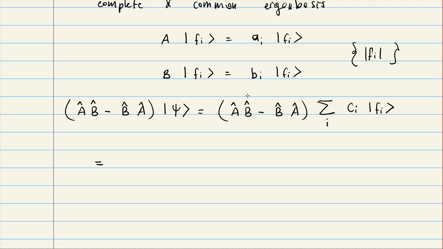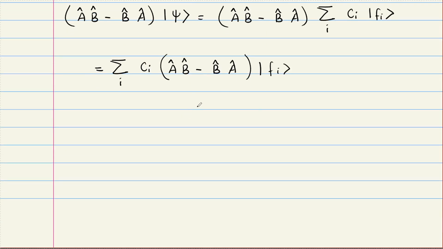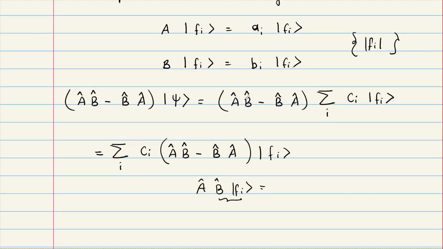Now let's carry this out. So this is the sum. Now the operator will go like this and hit f_i. Let's look at this piece by piece. A B f_i. So B times f_i, what is this? We just wrote this: b_i f_i.